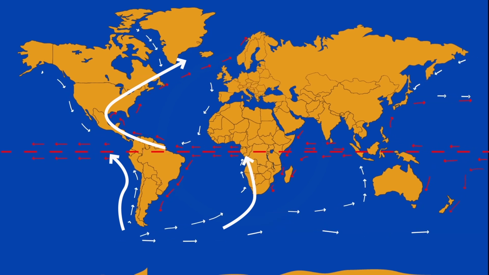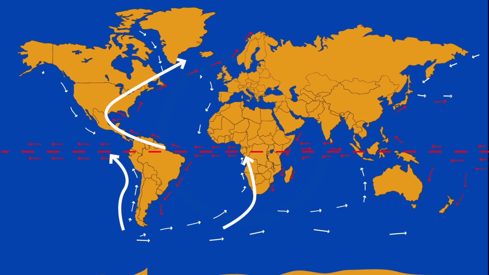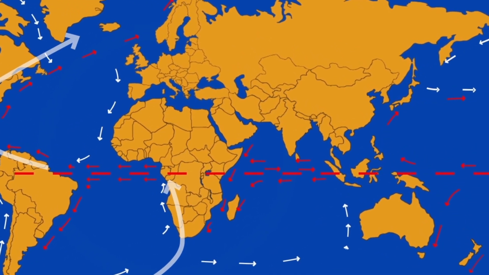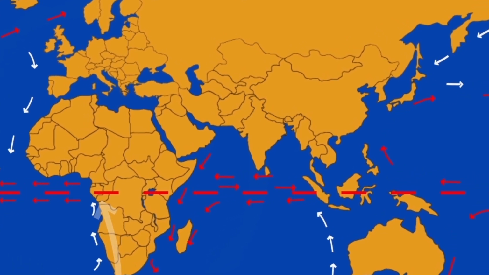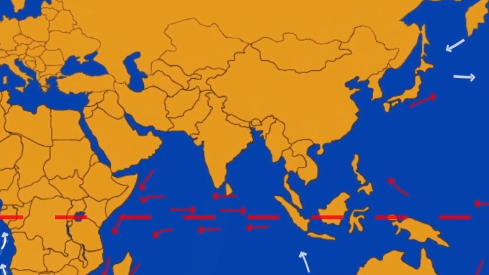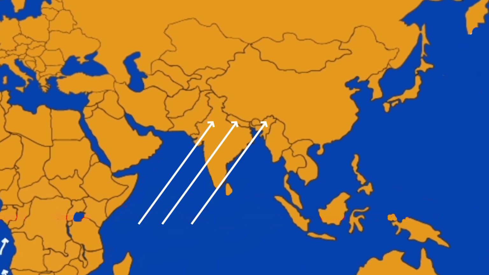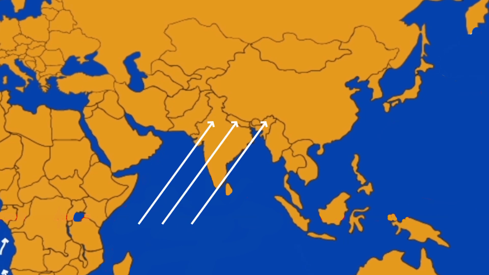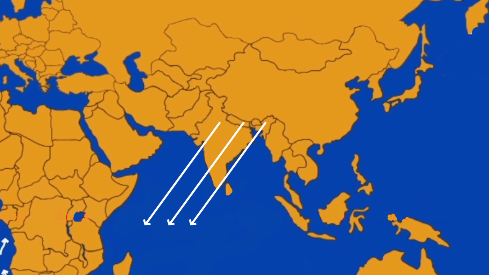Next one, the monsoon winds. The strongest influence of the prevailing winds on the flow of current is seen in the North Indian Ocean. Due to the monsoon winds, the direction of the currents change from southwest in summer to the northeast in winter. Because over India, these are the two main winds, that is southwest monsoon winds and northeast monsoon winds.